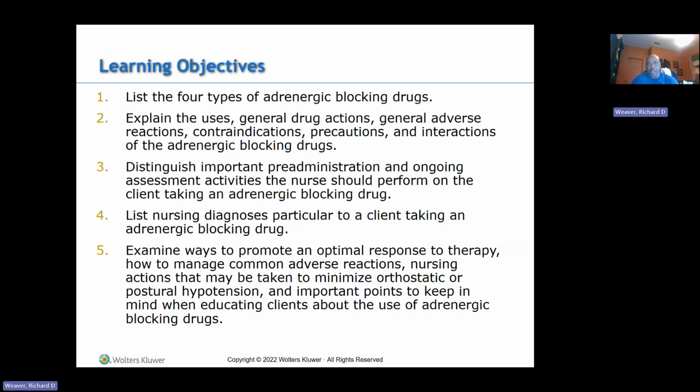I know we're midway into the semester, but sometimes these different terms that I just mentioned, I should have mentioned this in the beginning of the course regarding pharmacology. Go back and look at those different definitions. For example, what does it mean by drug actions? What does it mean by general adverse reactions versus side effects? What does it mean by contraindications?